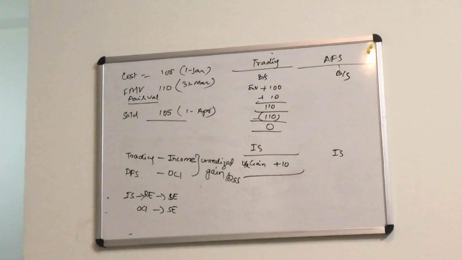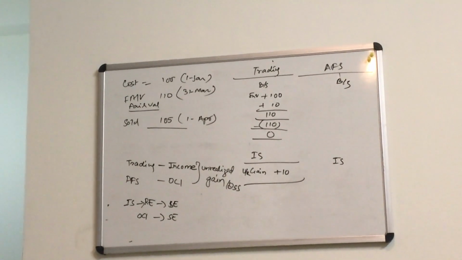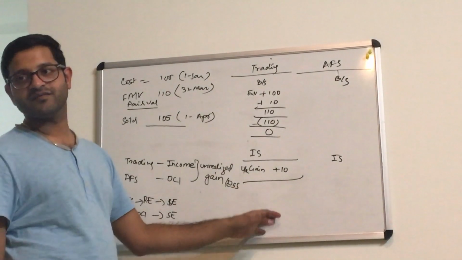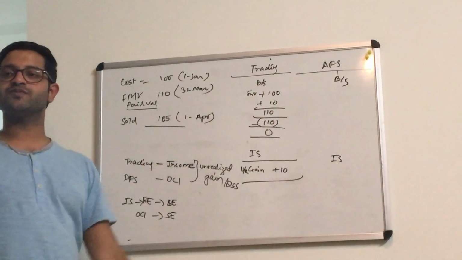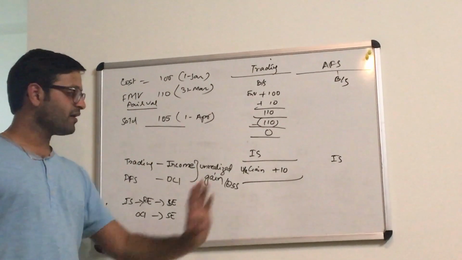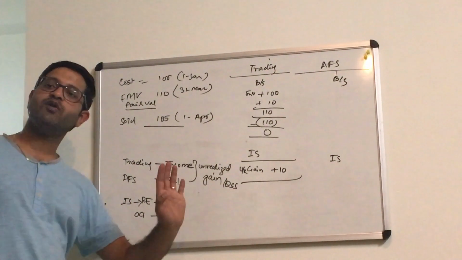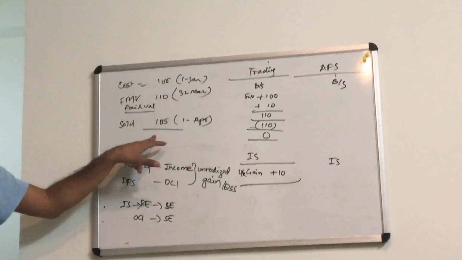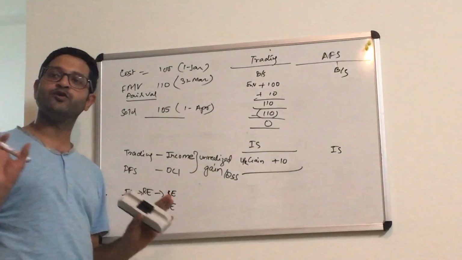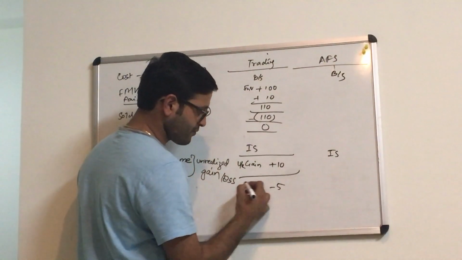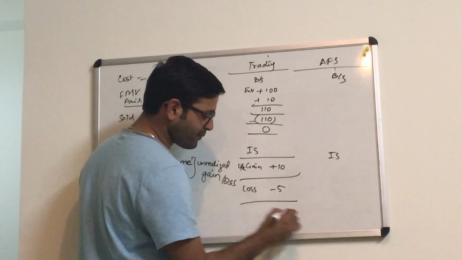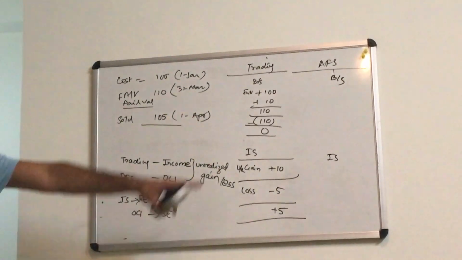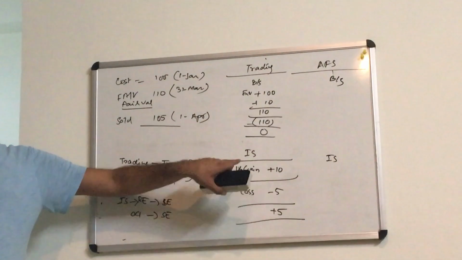This will go off. This was an unrealized gain, so this will go off. It will become minus 5. In trading, you already inflated your investment to 110 and recognized that gain. So your actual cost is 110, sold at 105, so you have a 5 rupees loss. What's the net impact on P&L? Plus 5. That's fine. Good with that? But it is reported in different periods.